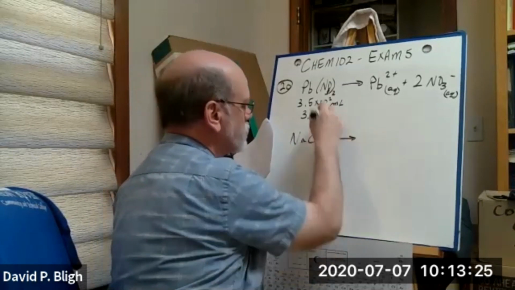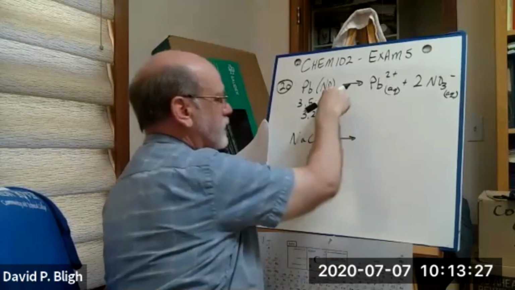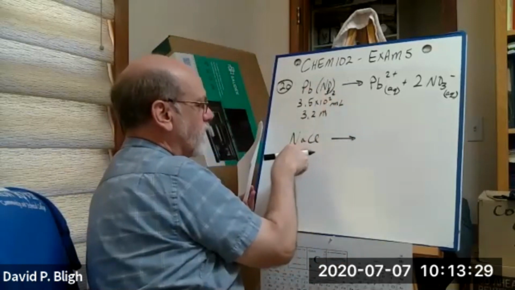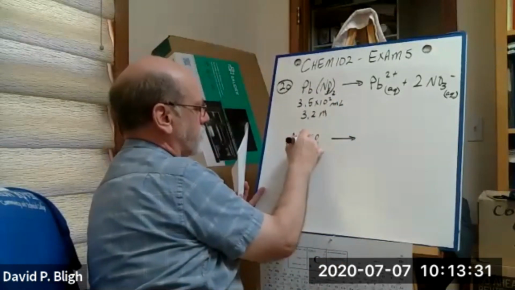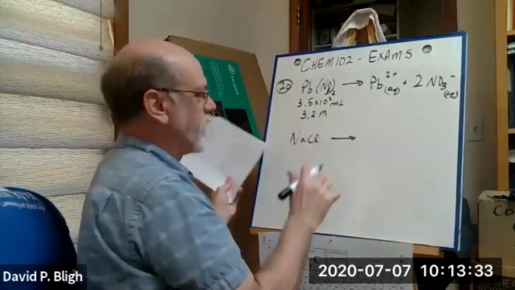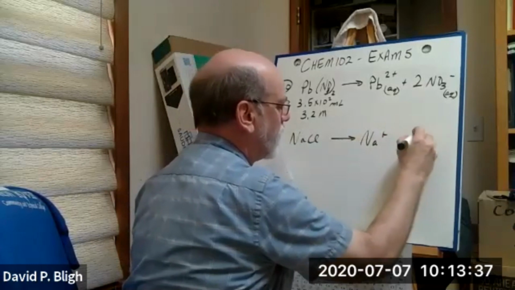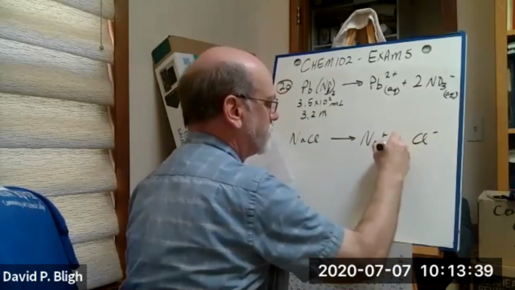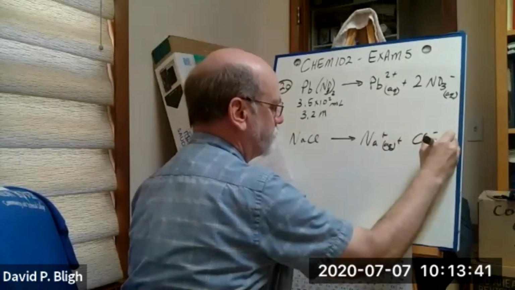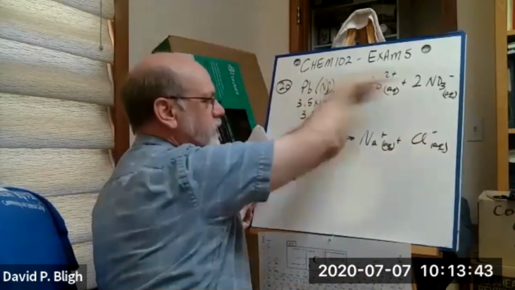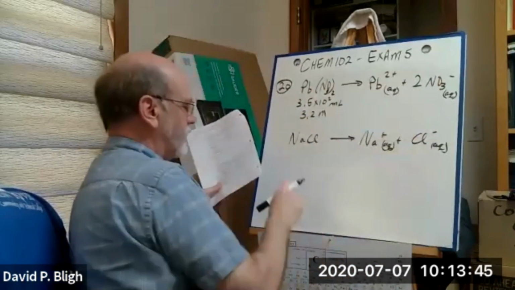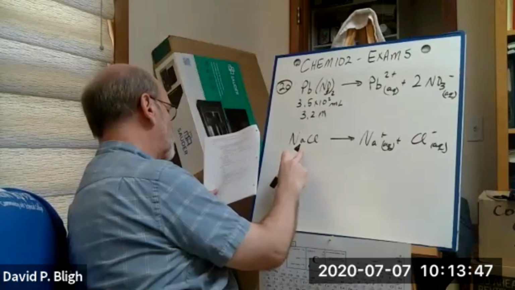So these are both soluble salts, because that's a nitrate and this is a chloride and a sodium salt. They're all soluble. So you're going to produce this and this. Everything from here goes that way, everything from here goes that way. So what do we have for sodium chloride?